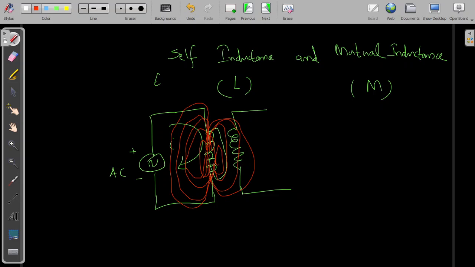According to Faraday's laws of electromagnetic induction, this phi is changing with respect to time, phi of t, because the current I is alternating.